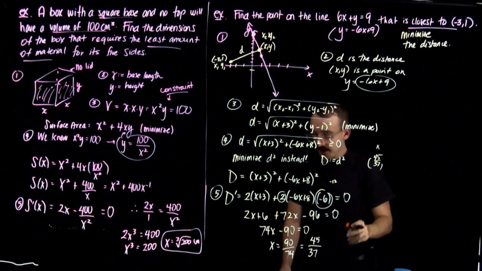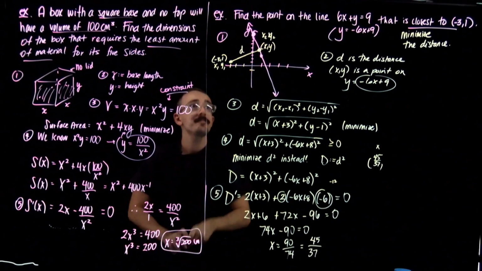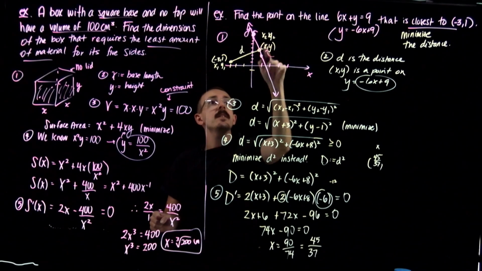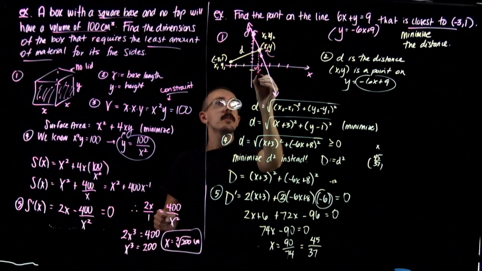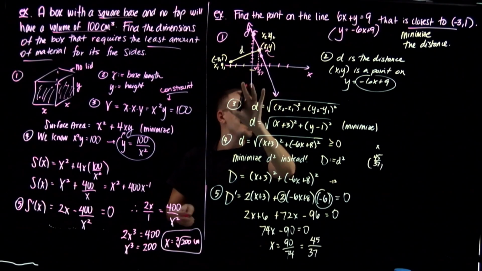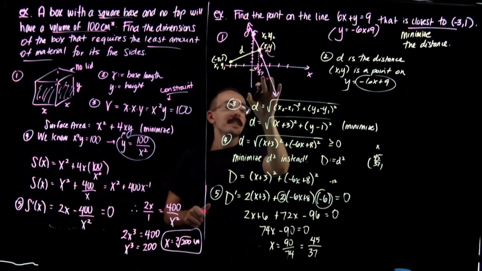So what I just found is right over here. If I go to my picture, this is why having a picture is good. This point right here, the one that's on the line and closest to this, the x-coordinate right here, we just figured out is 45 over 37. So it's actually a little more than 1, so my picture is kind of off. But this is the x-coordinate where we're going to minimize the distance.